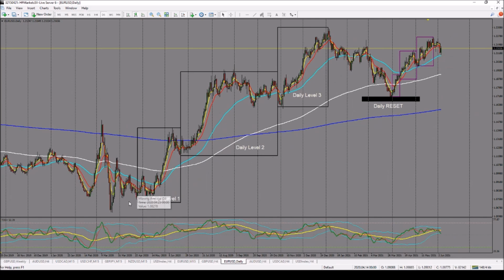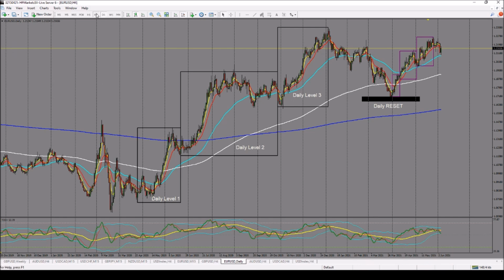We can see that from this point we had 1, 2, and 3, and we had a reset at this zone. So this daily reset is actually informing us that we are starting a cycle of this form, as I said earlier on. So from this point, we can see that we have been issued the first level on this daily cycle, and we are now expecting to see the second and the third daily levels.